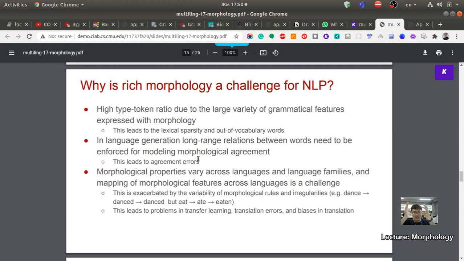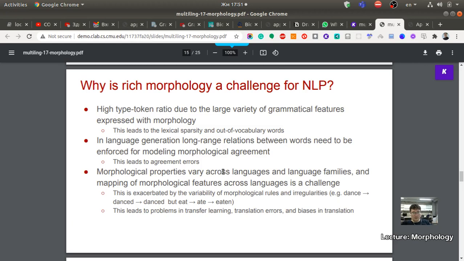Why? Because these 10 words were compressed into one word. In English they use prepositions like at, in, etc., but in Kazakh we do not use those, we use these suffixes.